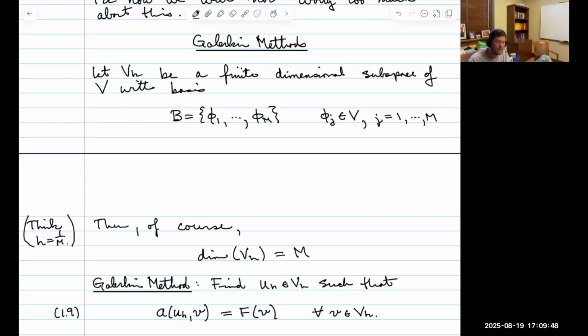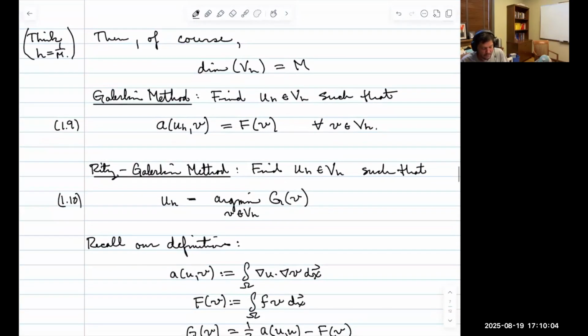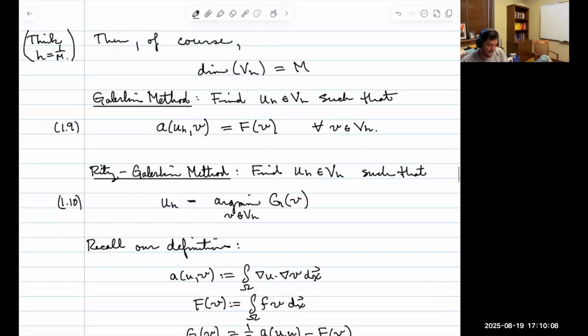It's not necessarily equal to 1 over m, but that's how I think about it. In one dimension, and if I have a uniform mesh, then that's the case, okay? So that's how h and m are related to each other, but they're not that carefully related. I'll show you why later on.